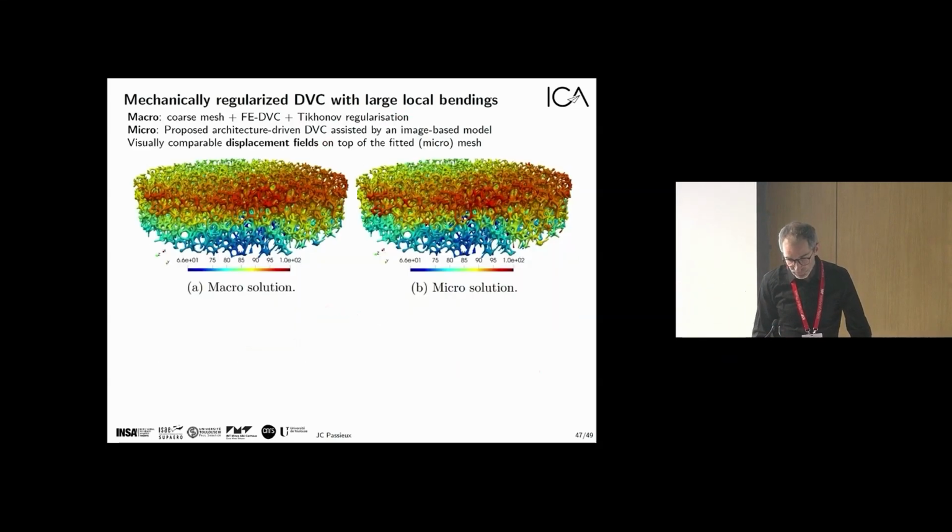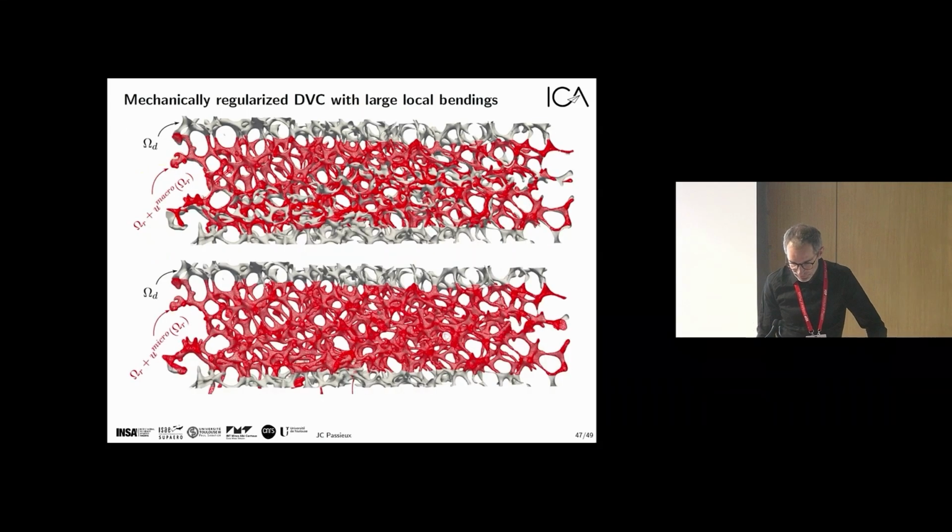And again, if we plot the displacement obtained with the coarse approach and the proposed architecture-driven approach on the right, if you just look at the displacement, you may say that it's almost the same. But when you look more closely at the local kinematics, you can see that the global approach is not capable to explain the local complex bendings and bucklings, whereas the approach we proposed was able to.